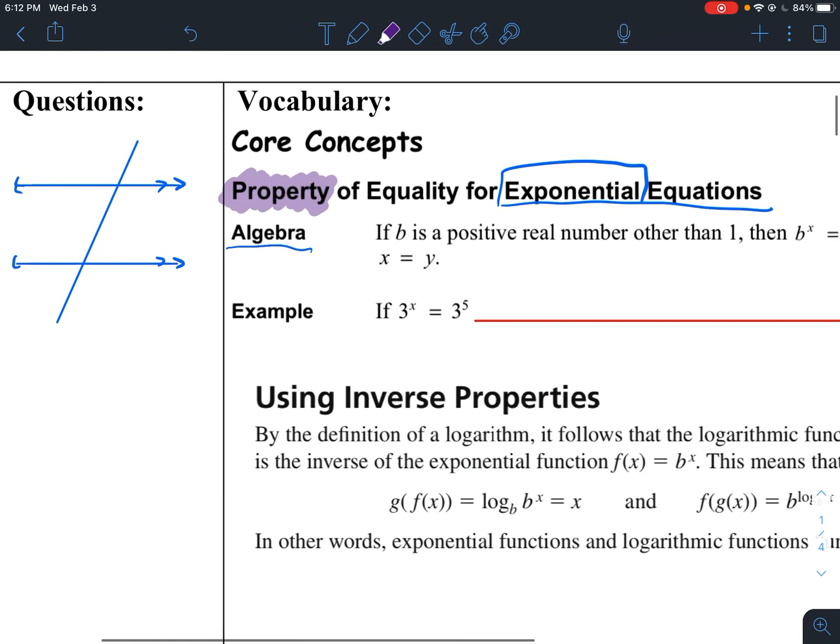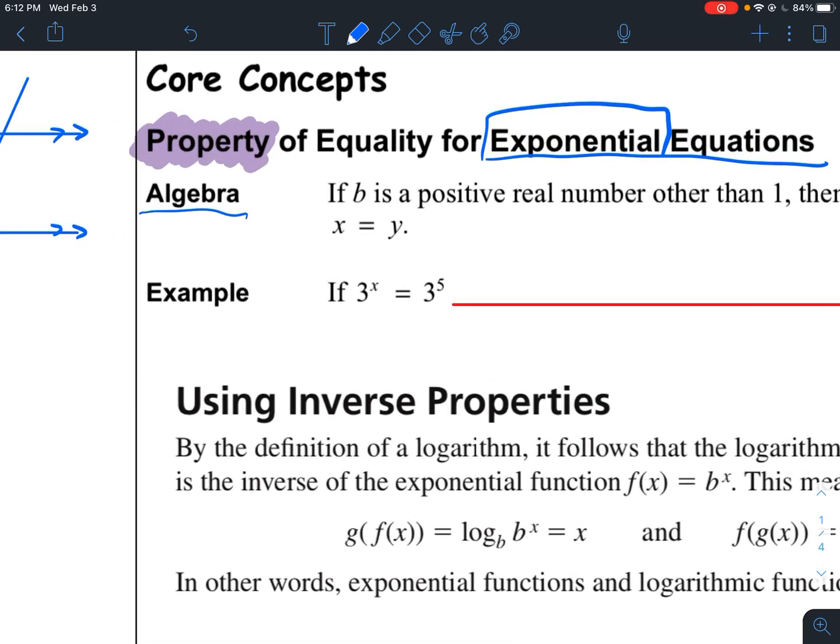Now, to relate that to this algebraic equation, you see how we have 3 to the x equal to 3 to the 5th power. The x and the 5 are corresponding, relative to the location. You see that the base is the same number. The base is 3.